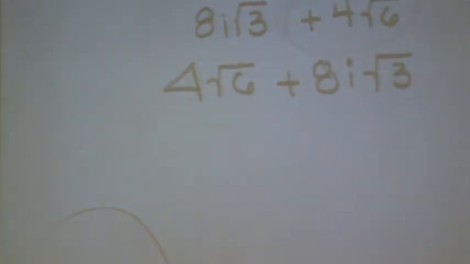So 8i root 3 plus 4 root 6. And now in standard form, this is your real part. That's going to go in front. Questions? So 4 root 6 plus 8i root 3 is your answer.